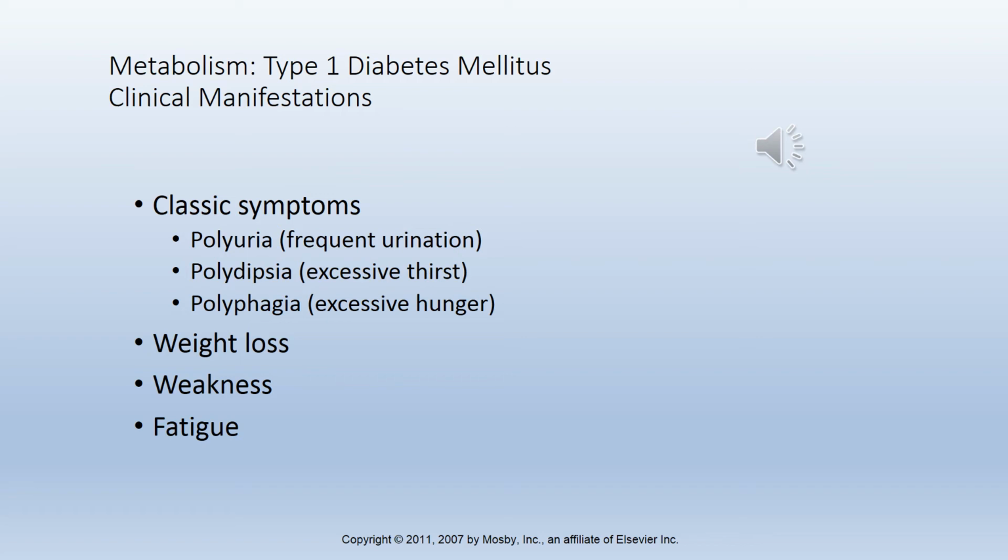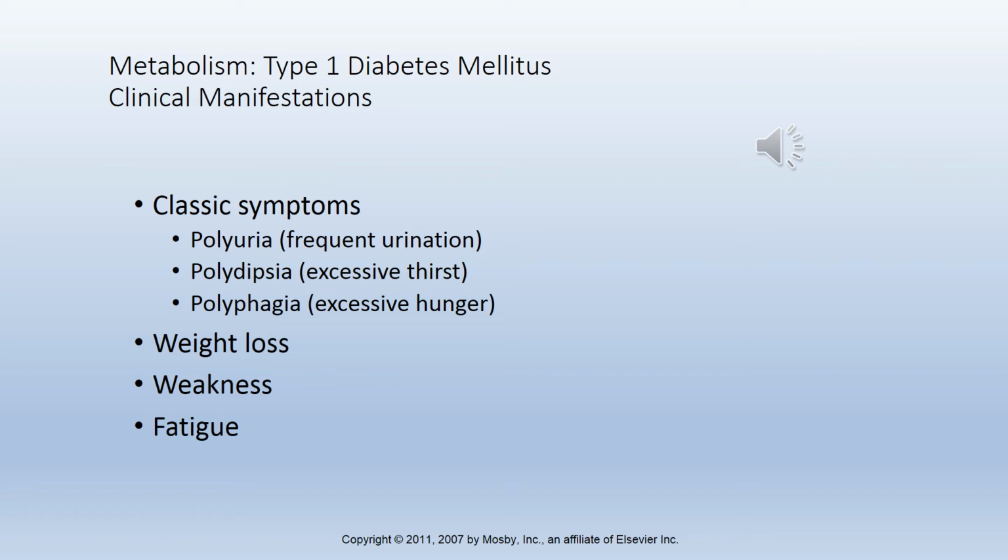Now, there are risk factors for diabetes mellitus. First is the family history of diabetes. Second, obesity. Third, race and ethnicity, with African Americans, Hispanic Americans, Native Americans, Asian Americans, and Pacific Islanders. Age greater than 45, but that doesn't always apply the same as with type 1 diabetes mellitus.